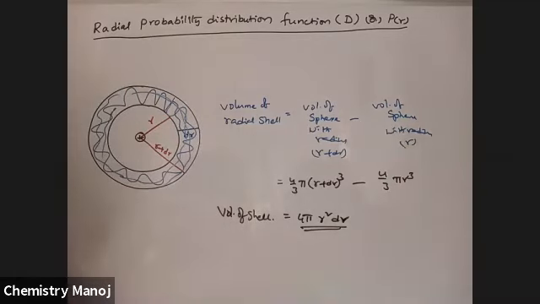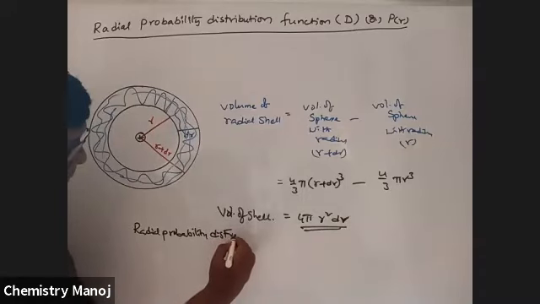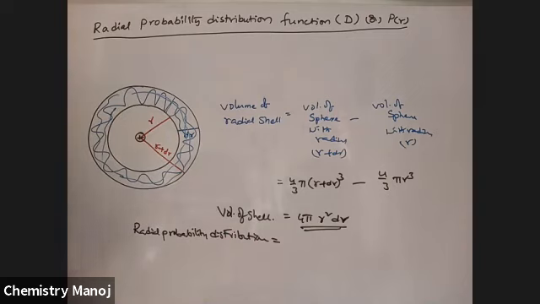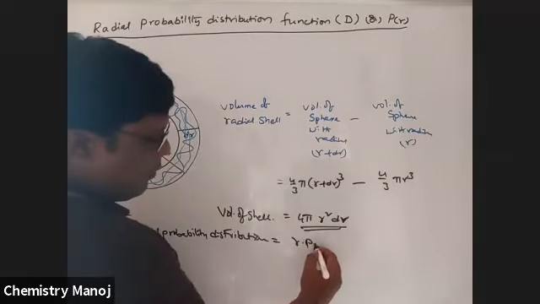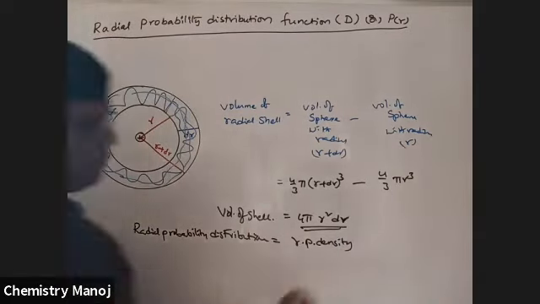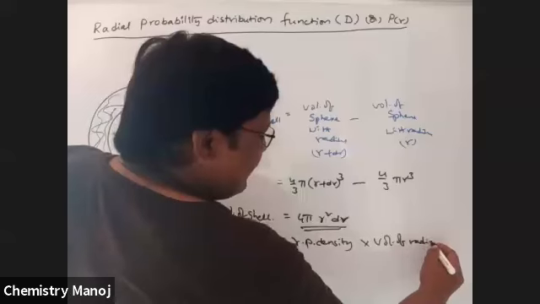Now, radial probability distribution is equal to radial probability density into volume of the radial shell.